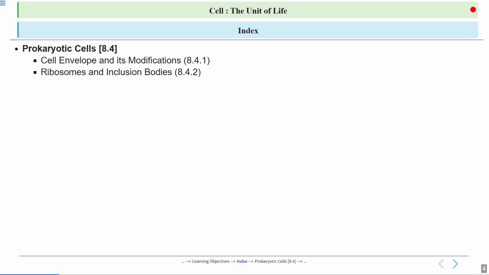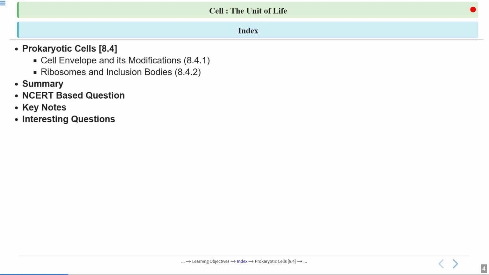Then we will summarize this entire lecture and discuss some NCERT based questions related to these topics. There will be some keynotes that will help you memorize these topics, and some interesting information for you as well. Then there will be some interesting questions that you have to critically analyze and answer. These questions will enhance your critical thinking ability.